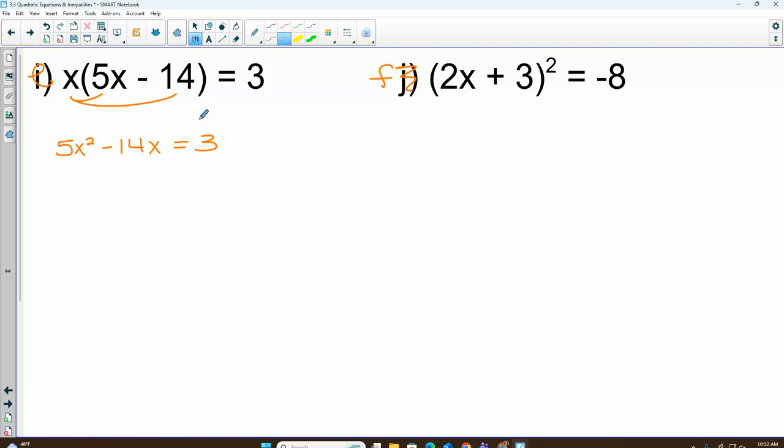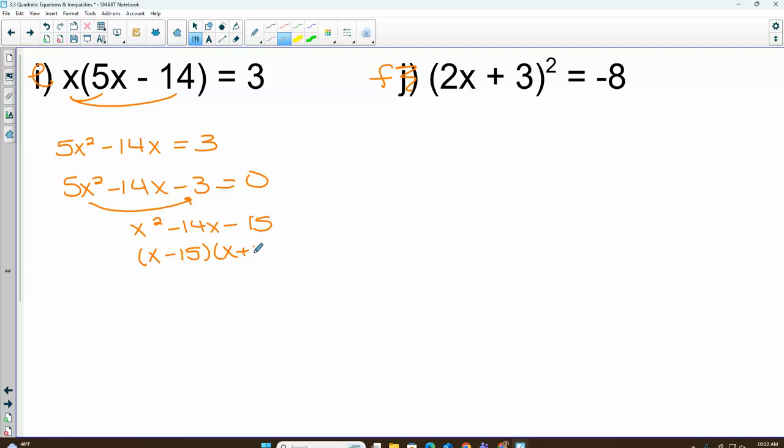We have to get it equal to 0, so subtract over the 3. And then we can slip and slide. So multiply negative 15, add to negative 14. Negative 15 and positive 1.